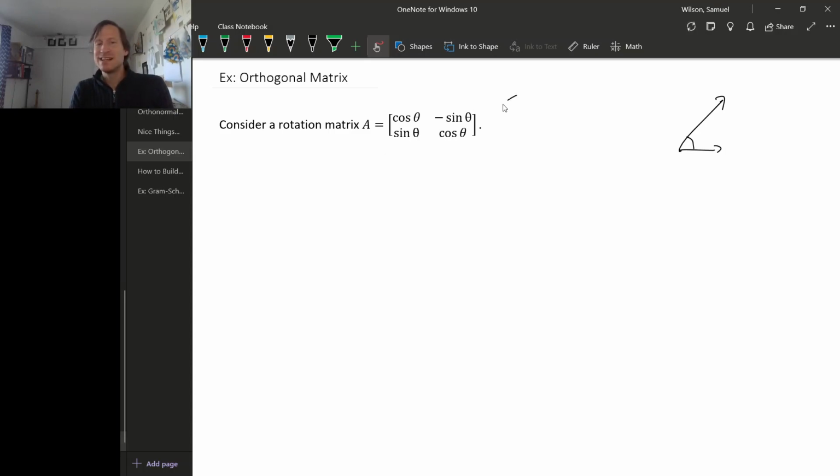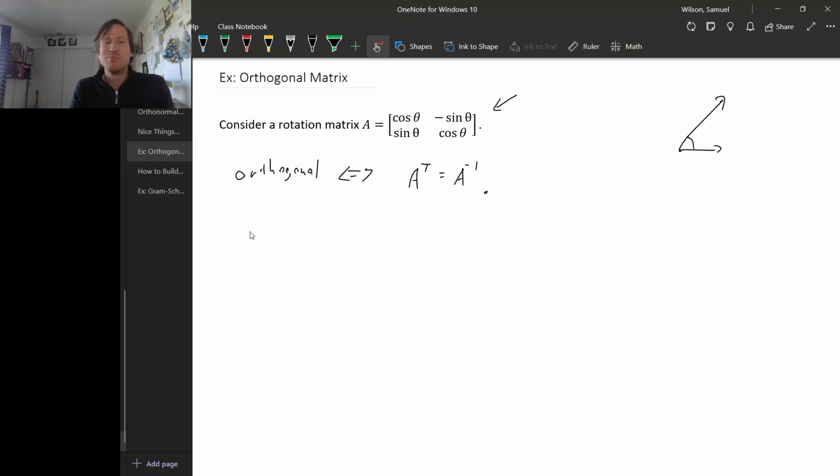That means that any matrix representing a rotation ought to be orthogonal. So let's check if it is. Remember, an orthogonal matrix is a matrix whose transpose is equal to its inverse.